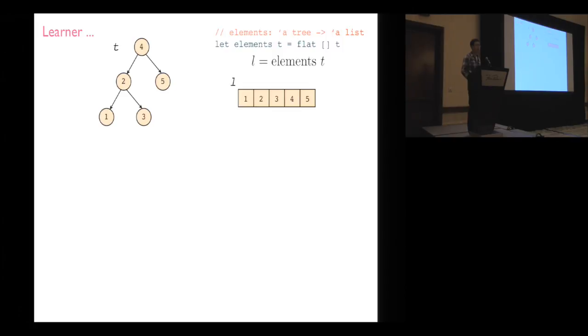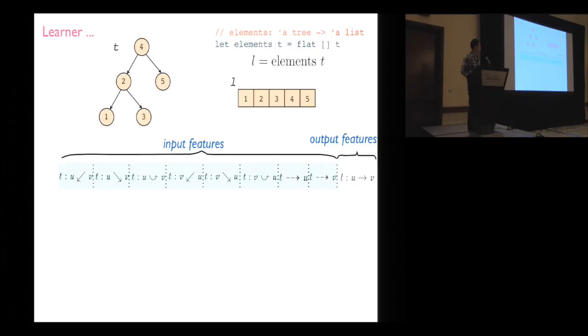The input includes binary tree T and feature space. The feature space are about containment.